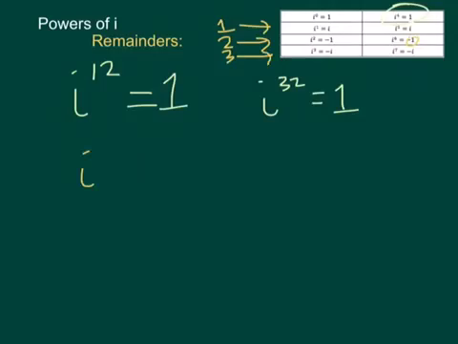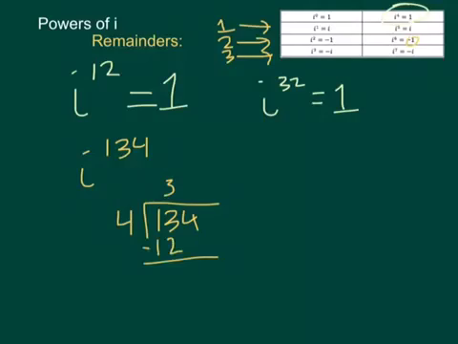So a little example about what we're talking about here. i to the 134. We can simplify that easily if we take the exponent and divide it by 4, and figure out what the remainder would be. 4 can't go into 1. 4 can go into 13 3 times. 3 times 4 is 12.